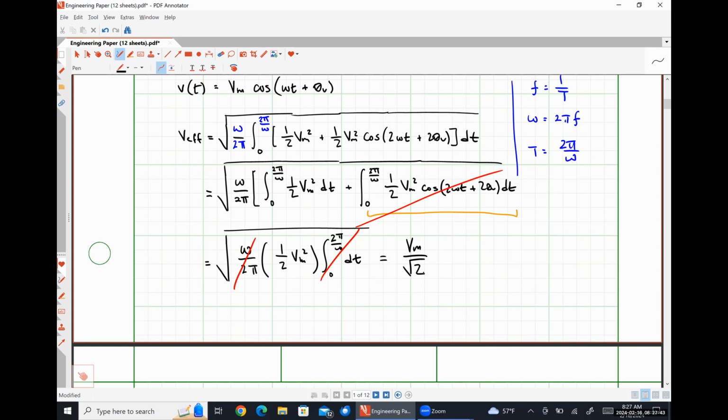So what this tells us is actually something incredibly interesting. It may seem boring. It's just whatever the magnitude is divided by the square root of 2. But notice that this result in no way, shape, or form depends on omega, our angular frequency, and in no way, shape, or form does it depend on theta v, the phase angle of our periodic sinusoidal signal.